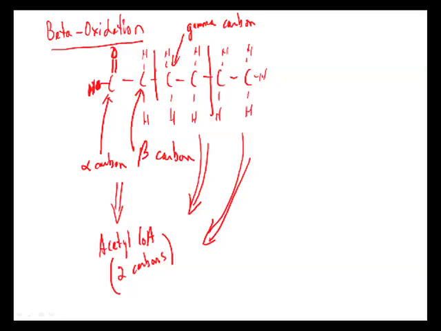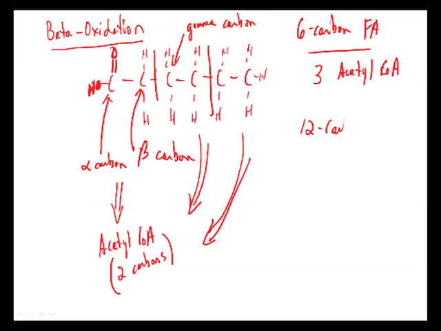So from a 6-carbon fatty acid, we're going to get 3 acetyl-CoA. From a 12-carbon fatty acid, we're going to get 6 acetyl-CoA.